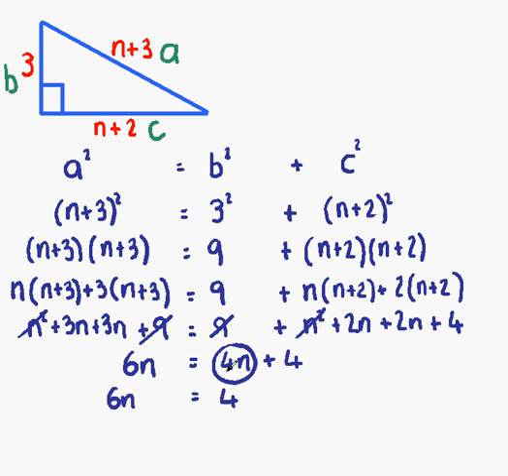That means plus 4n at the moment. If we change side, it becomes minus 4n. So we have 6n minus 4n, which is 2n. 2n equals 4. If 2n equals 4, then that means that n equals 2.